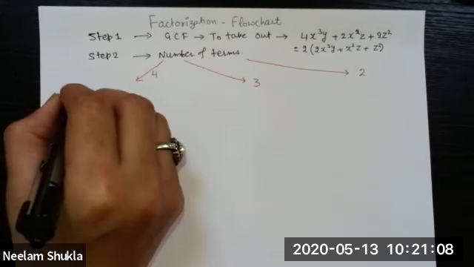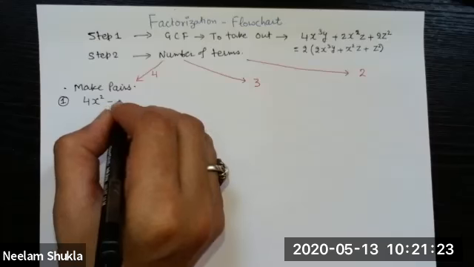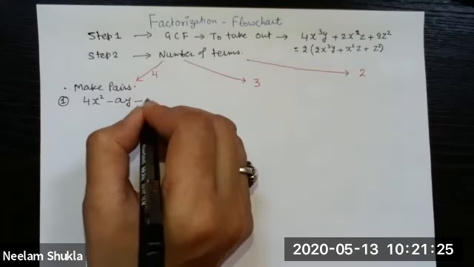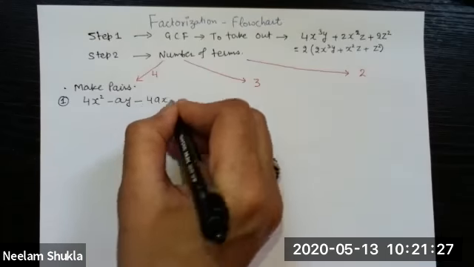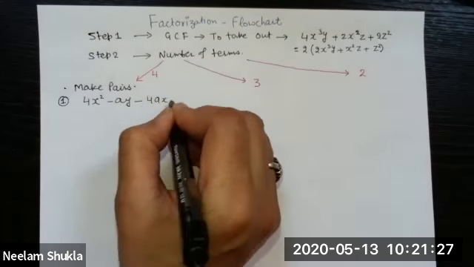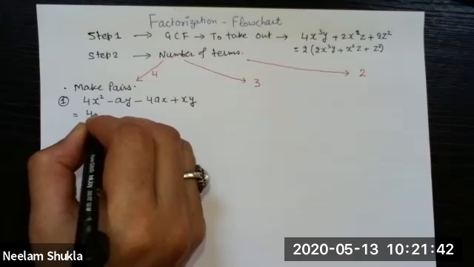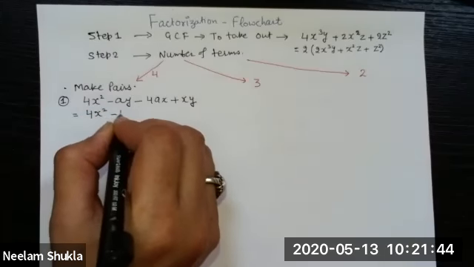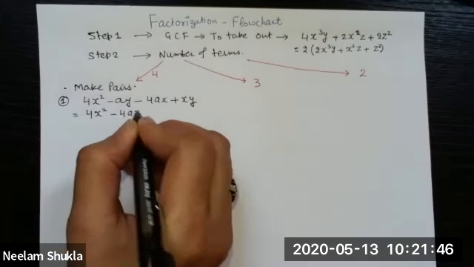The first possibility is, for example, you could be given 4x squared negative ay negative 4ax plus xy. Now pair 2 terms so that you can get the same GCF in both the pairs. It is possible that you have to arrange the terms before proceeding.